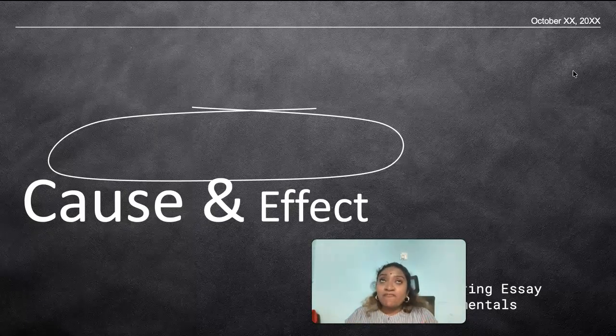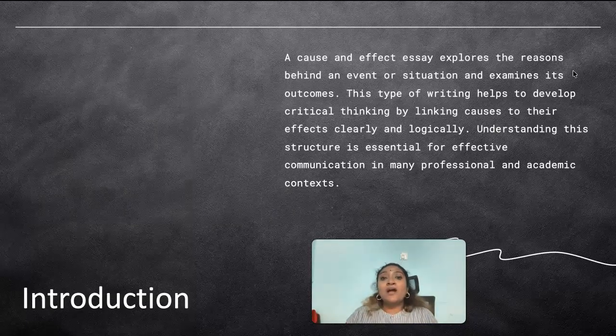Whereas a cause and effect essay will talk about some of the reasons behind an event or a situation, and then look into some of the impact of it. When we are writing a cause and effect essay, we are developing our critical thinking, because we are trying to reason about what the cause is and what the impact is, and how we connect these ideas.